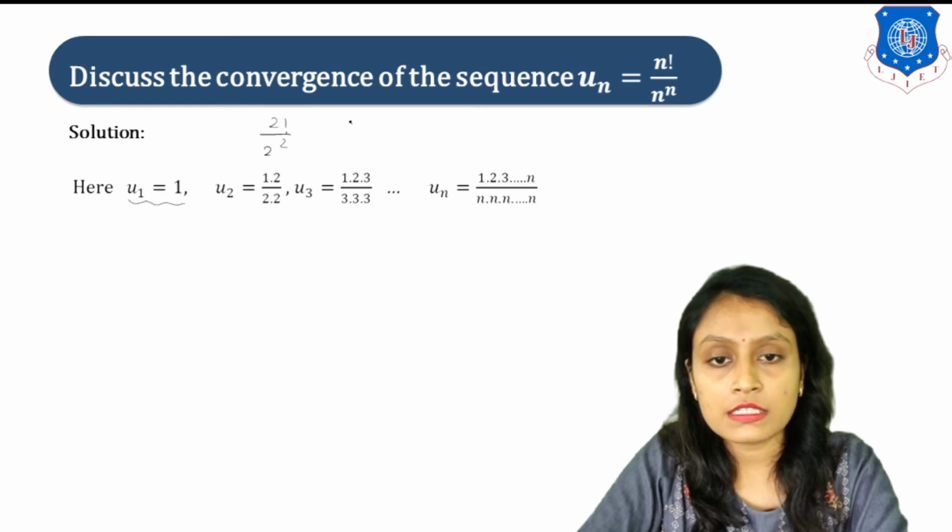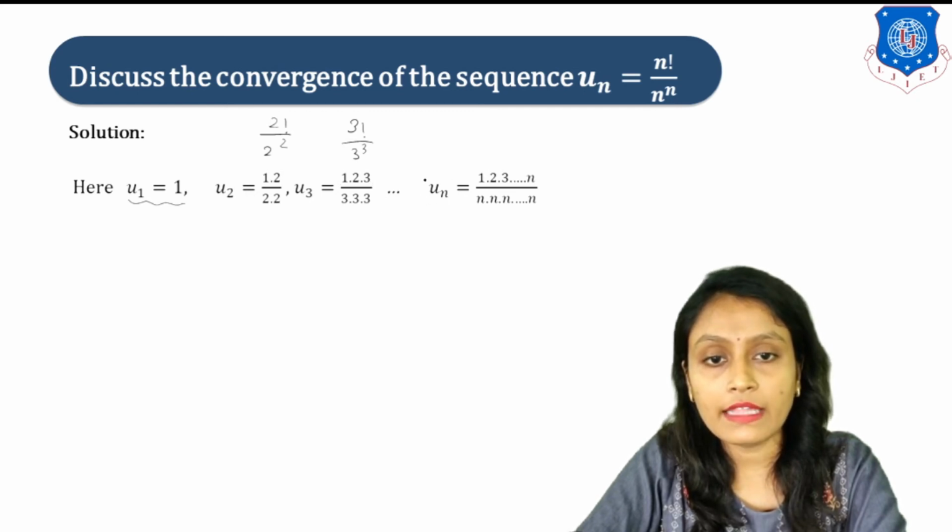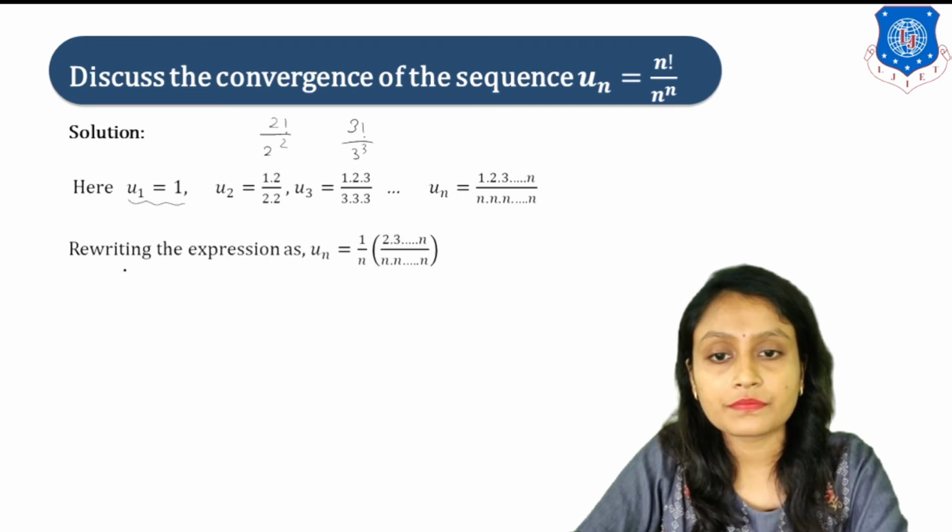Then u3, that is 3 factorial upon 3 cube, which we can write as 1, 2, 3 upon 3 into 3 into 3. And so the nth term will be 1 into 2 into 3 up to n, and in the denominator we have n, n times. Next we will rewrite this un expression as 1 upon n.